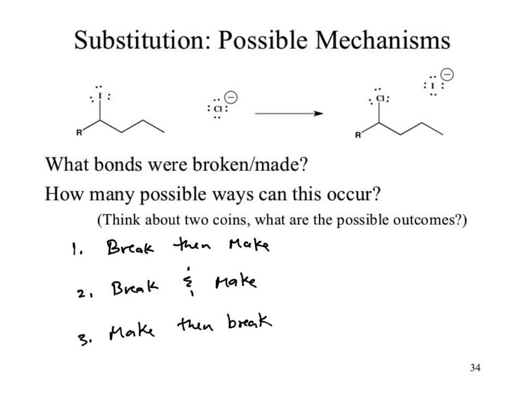Make, then break. If we make the bond first, what are we saying happens? The octet is the conclusion. What I'm asking is, what are we saying happens? Too many electrons is again the conclusion. I don't want the conclusion.